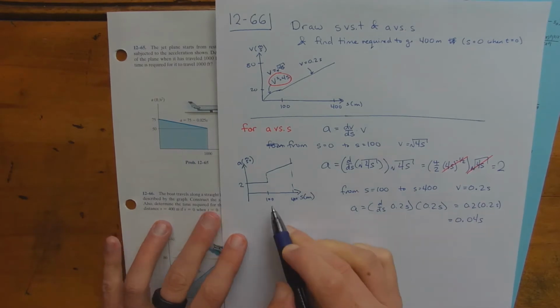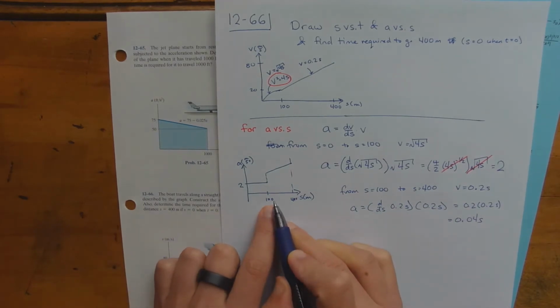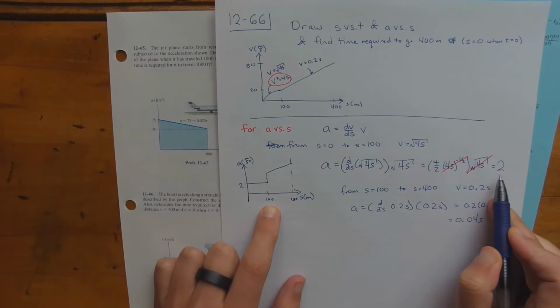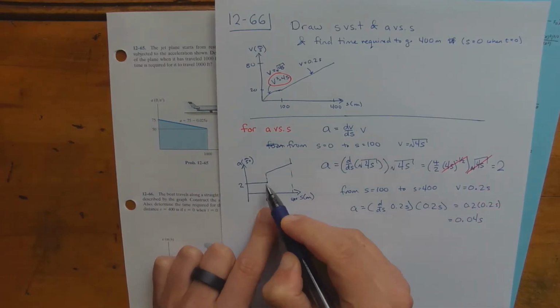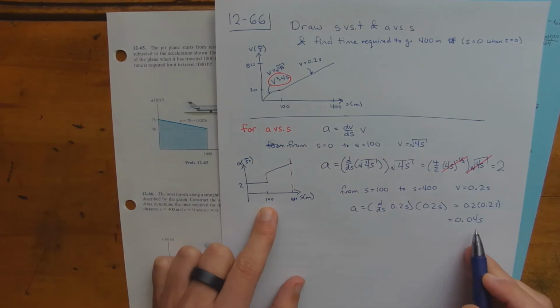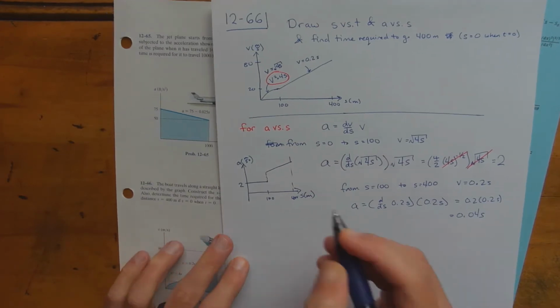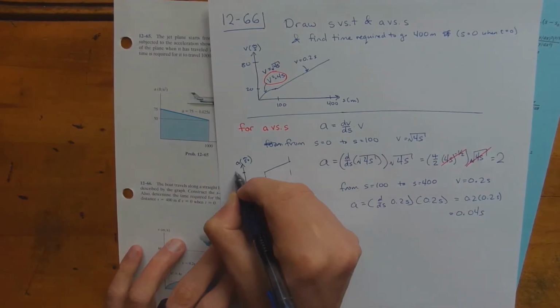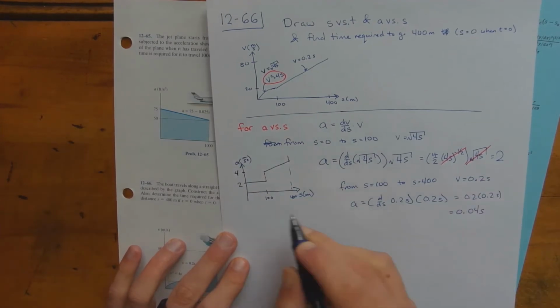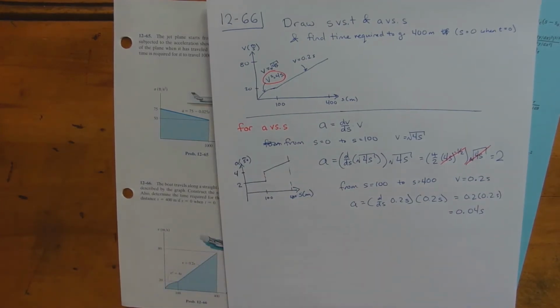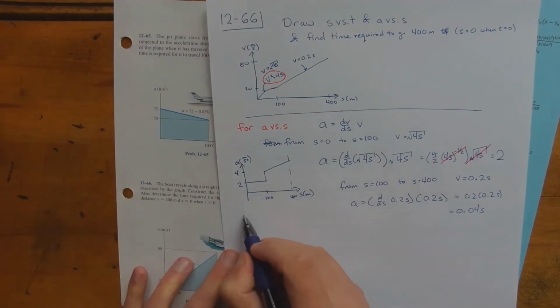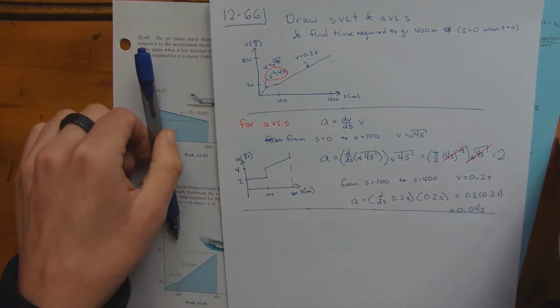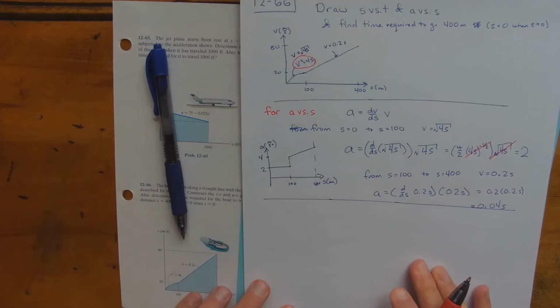And you can see that if you take 100 and you put it into, well, you can't really put it into your equation here because it's just a constant. So we're at 2 here, but then if you take 100 and you put it in here, you get 4. So the two functions do not agree at 100 meters, so it's discontinuous there. Okay, so that is the acceleration versus position graph.